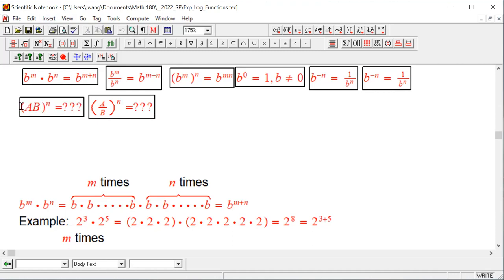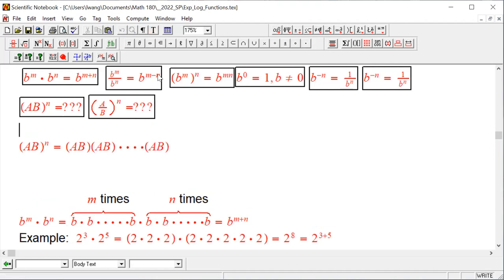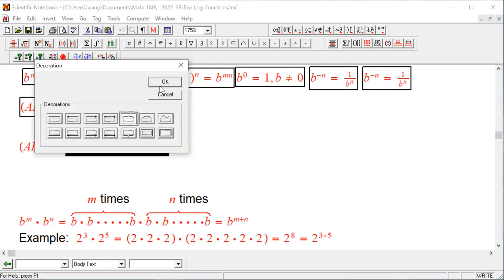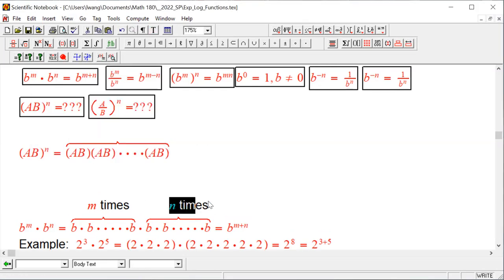For example, for that, what does that mean? Well, it just means that A times B inside the parentheses multiplies itself N times. So this product is done N times.